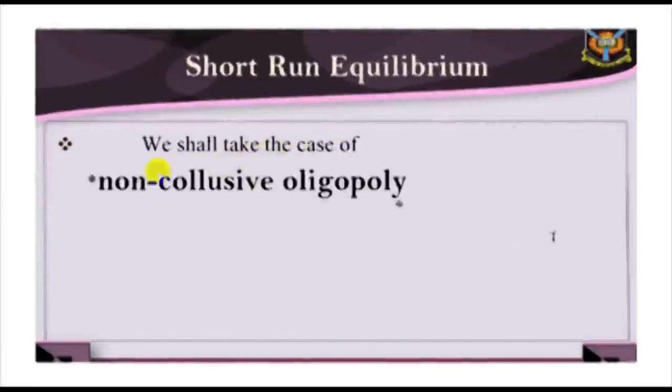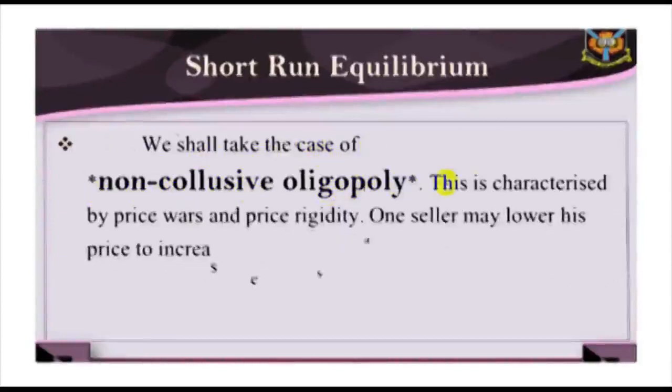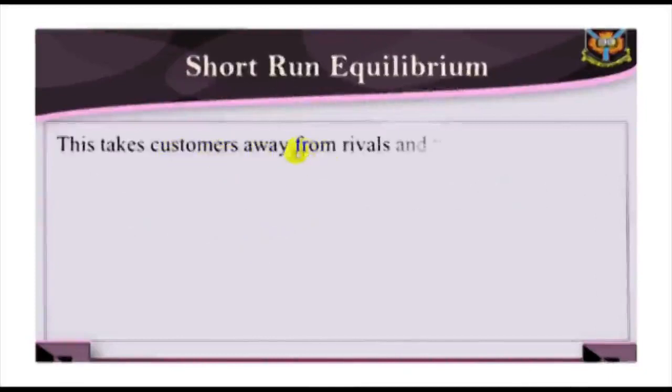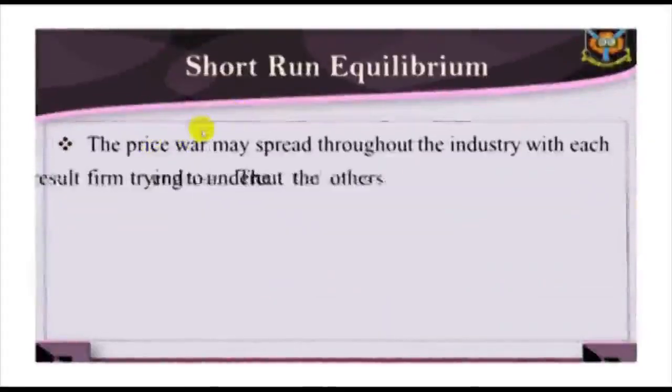Short-run equilibrium. For our purpose, we shall take the case of non-collusive oligopoly. This one is characterized by price wars and price rigidity. One seller may lower its price to increase sales. This takes customers away from rivals and they may retaliate with a vengeance.